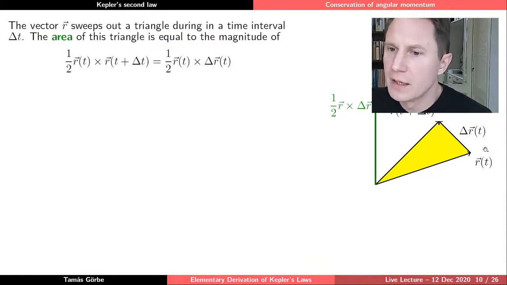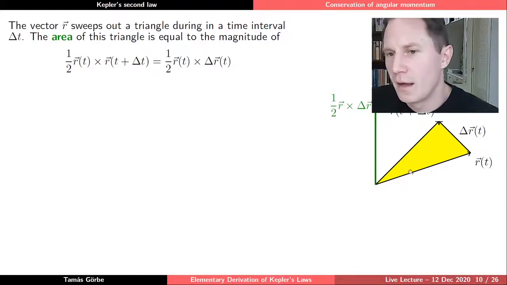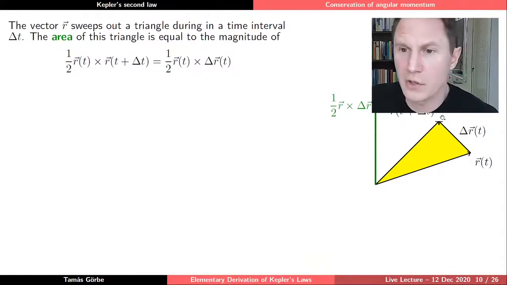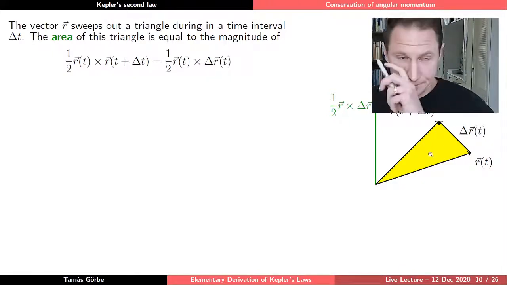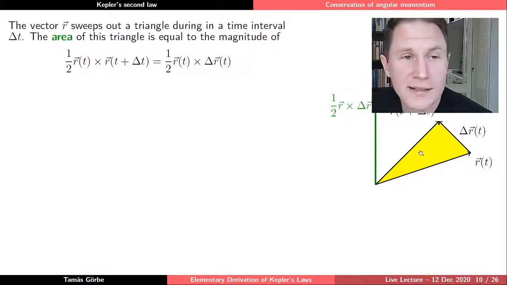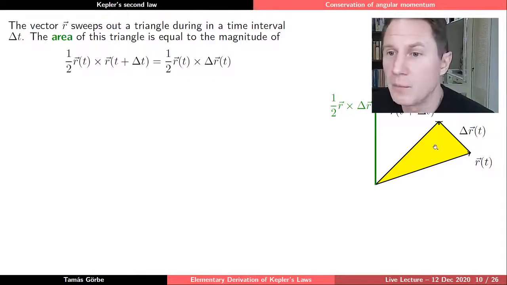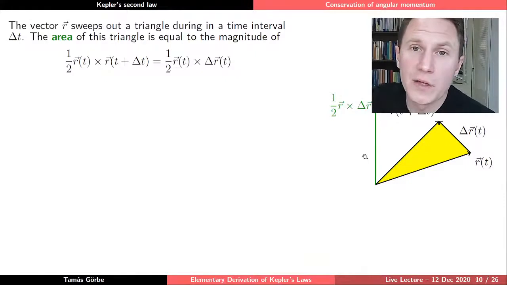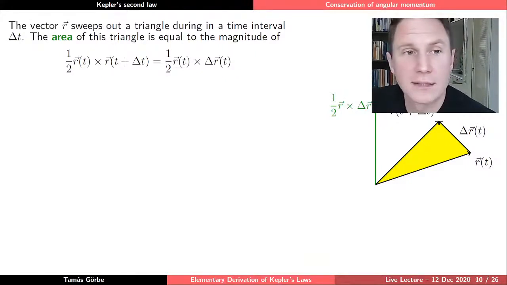The planet has this vector going to it from the center at time t, and then some delta t later we have it in another position, but it sweeps out a nice triangle. And my point is that the area of this triangle can be calculated using the vector product. So now I'm starting to use the vector product and scalar product.